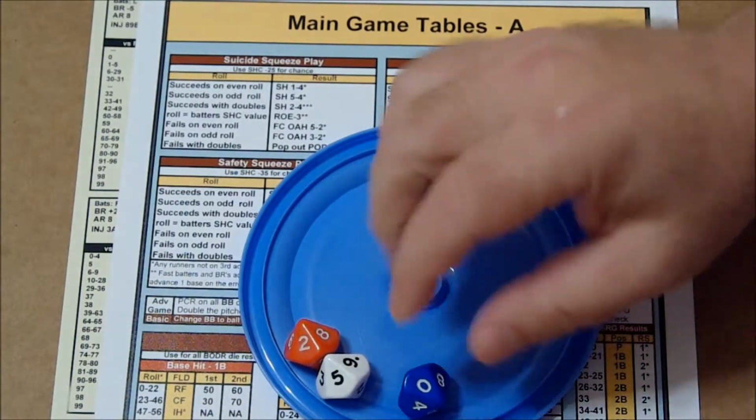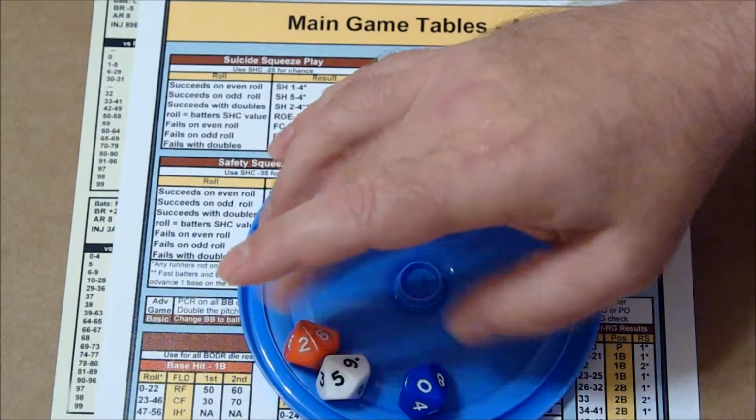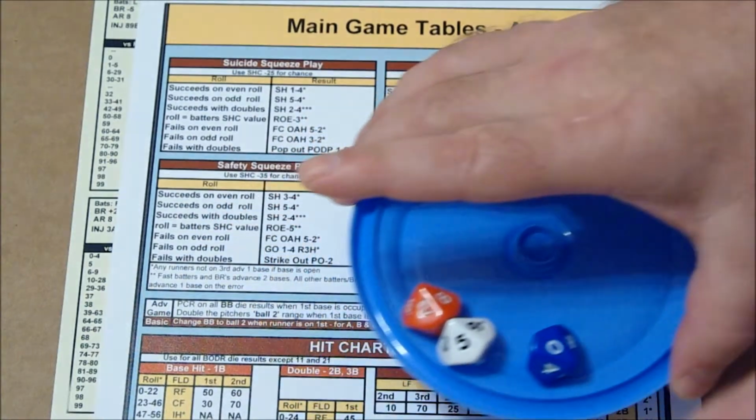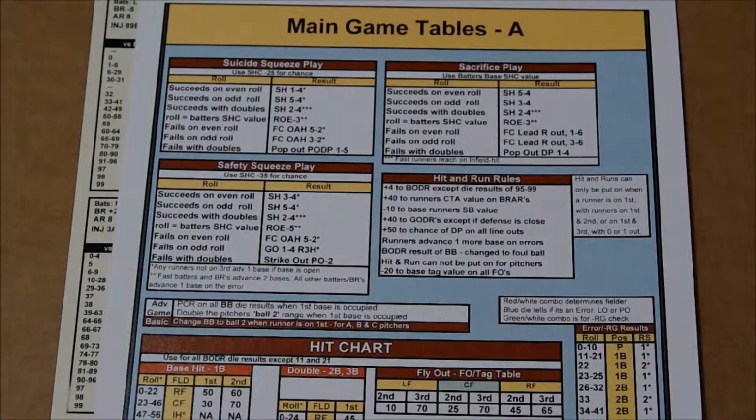Anytime the blue die is at least 4 less than the red die, then the batter advances on the throw. Essentially, the cutoff man was missed and the batter takes the base.